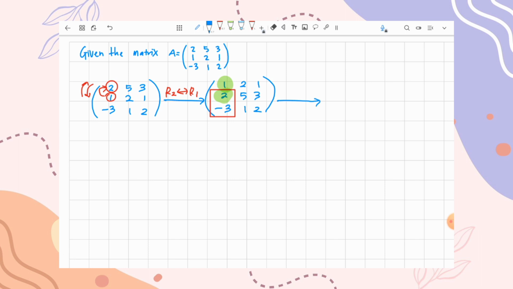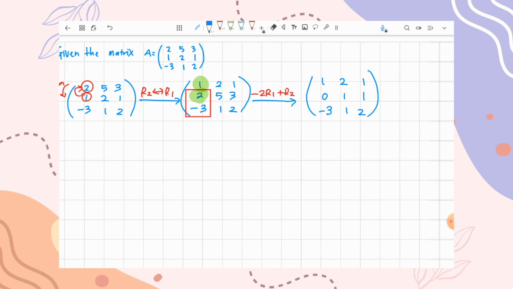The operation that we can use is -2R1 plus R2. Let's rewrite the first row, the second row, and the third row, and let's calculate the second row. I will get 0, 1, 1.